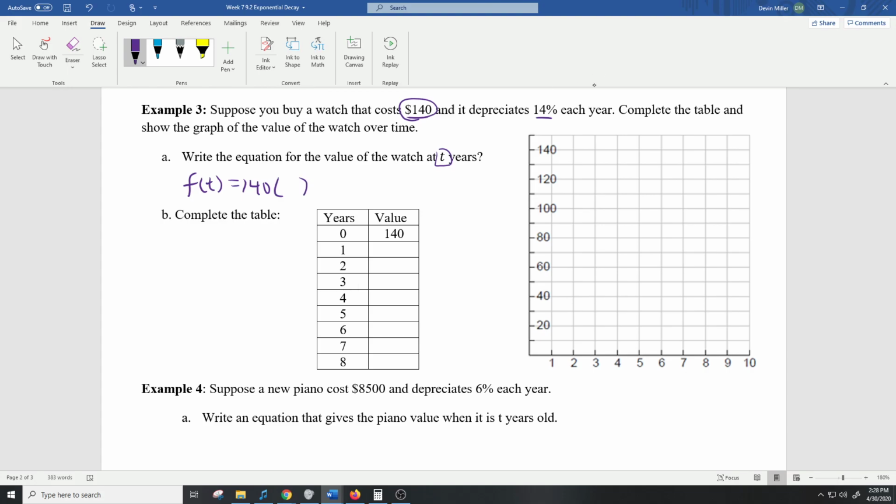Well, if it's depreciating 14%, we have to subtract that from 100, which would be 86. So 0.86 to the t power.